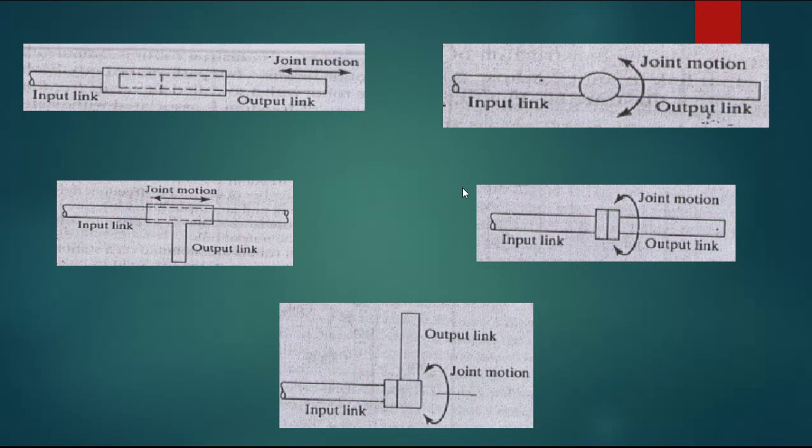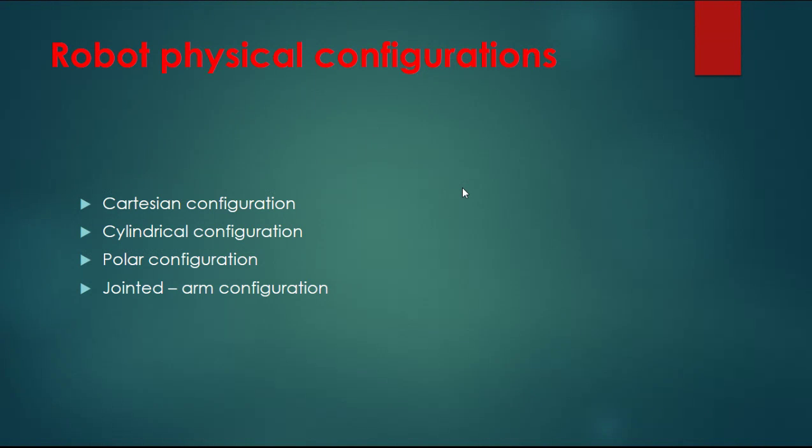So let us see what exactly is meant by robot configuration and what kinds of robot configuration there are. Robot physical configuration is categorized into 4 types: Cartesian configuration, cylindrical, polar, or jointed arm, or we can say a SCARA robot.